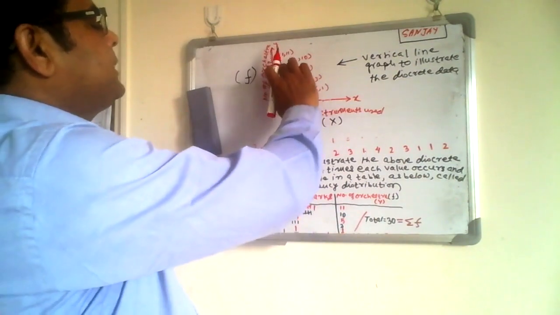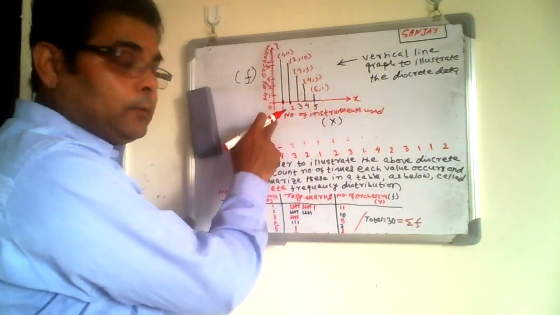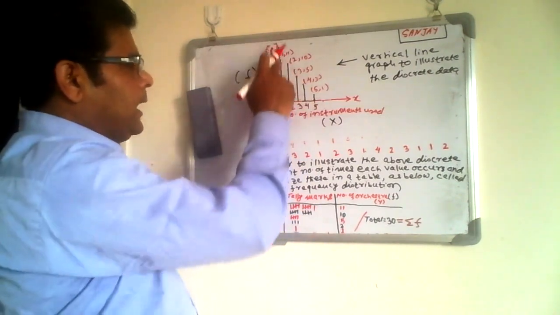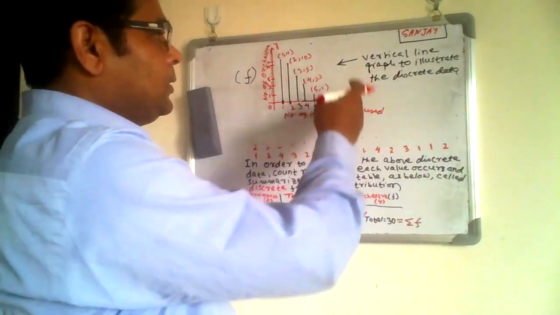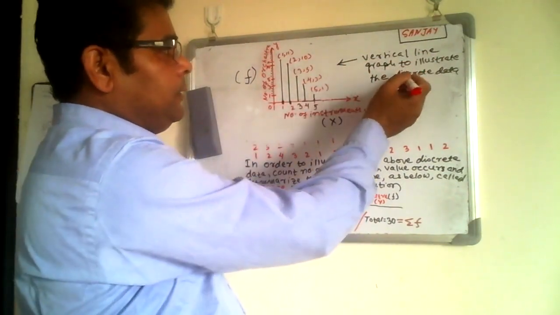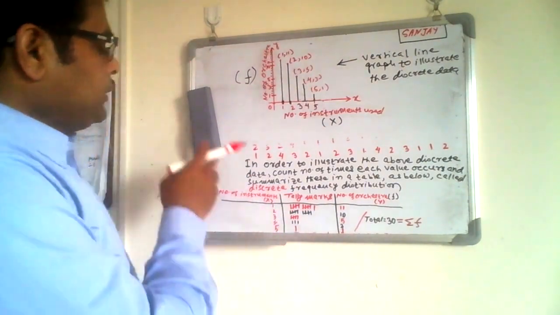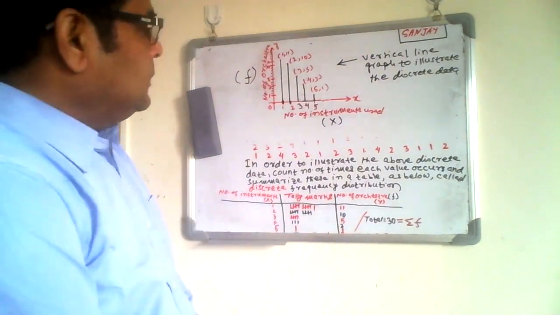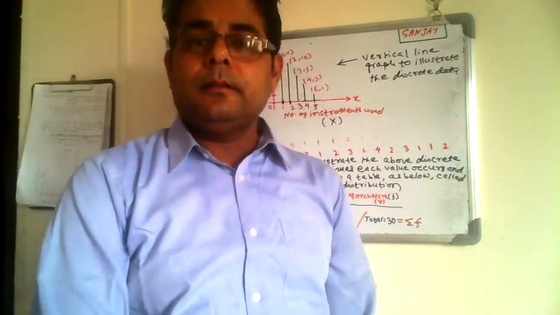About the x-axis, if you draw a vertical line perpendicular to each value of x, then you will have different vertical lines on the graph, and this sort of graph is called a vertical line graph to illustrate discrete data. So discrete data can also be represented by a vertical line graph.